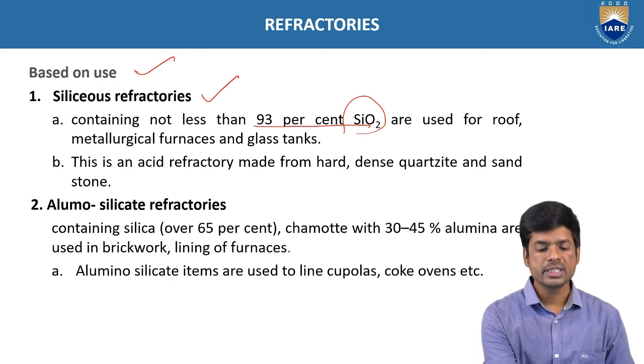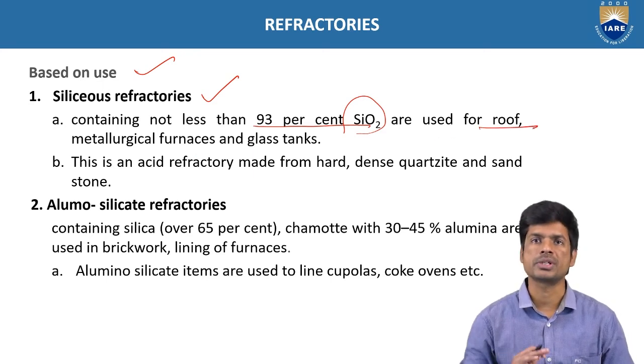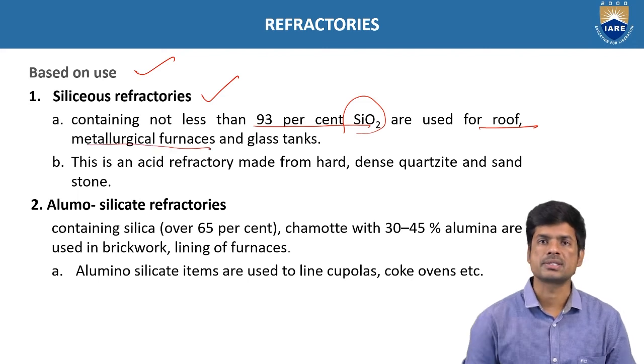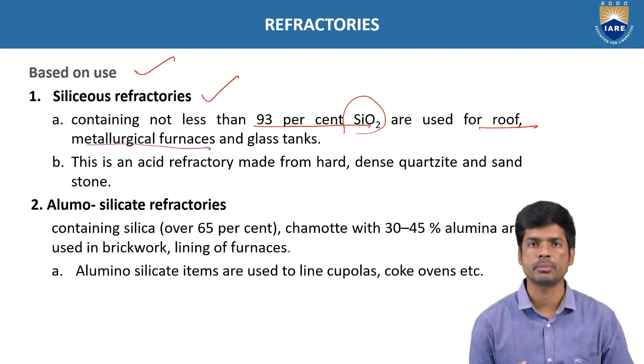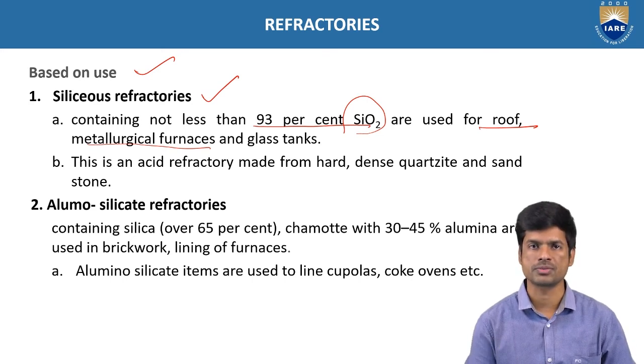These siliceous refractories are used for roof constructions, and next, metallurgical furnaces, furnaces for burning some materials. For preparing the outer walls of furnaces, we use these siliceous refractories.